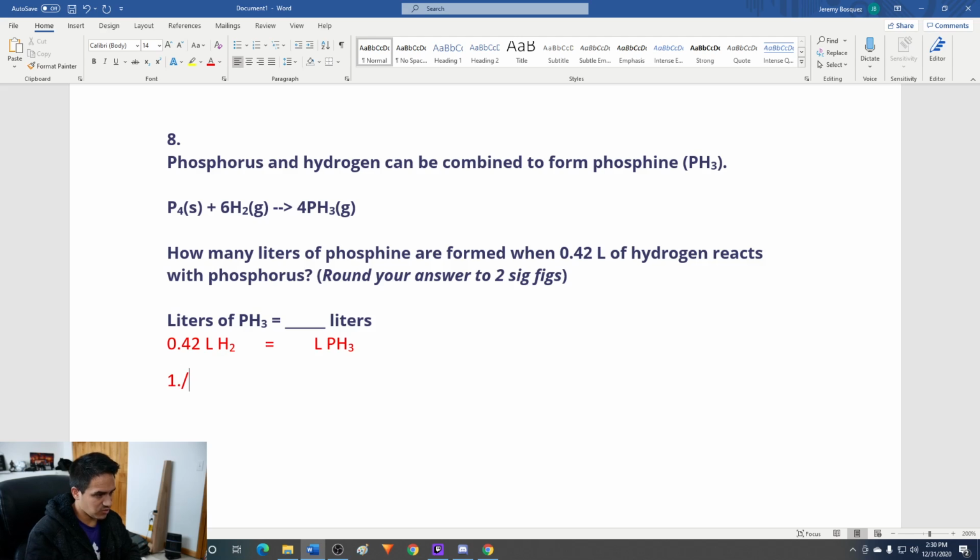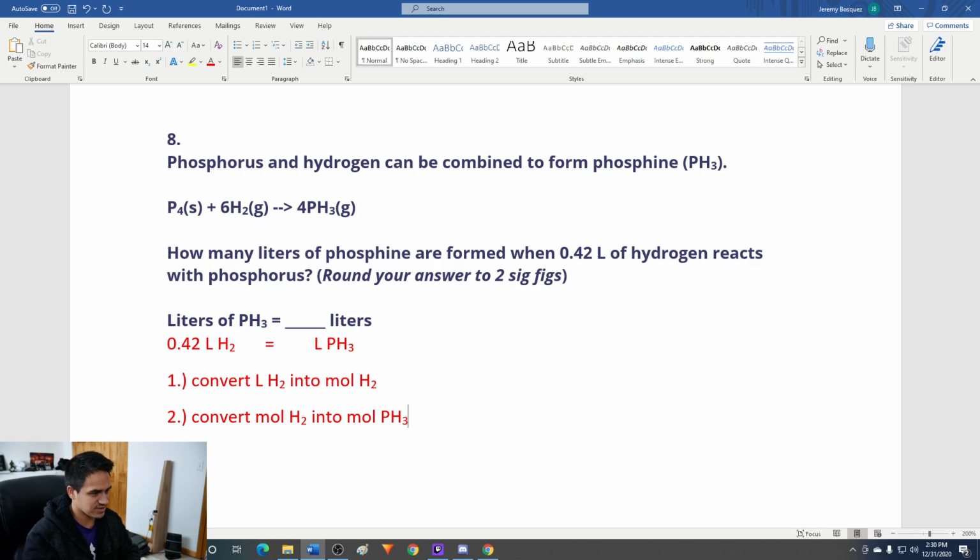All right, hopefully we're starting to get down the steps here, but step 1, what is it? You got it right. Nice job. It is convert liters of H2 into moles of H2. Okay, that is step 1. All right. Step 2, what do we do now? Moles of H2 into? You guys are so smart. It is going to be converting moles of H2 into moles of PH3.